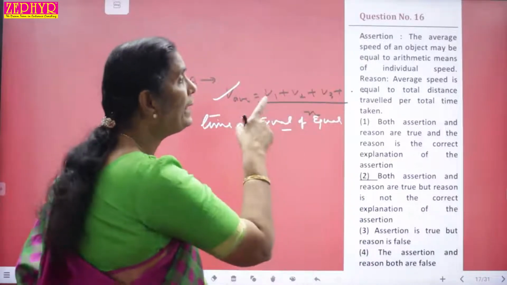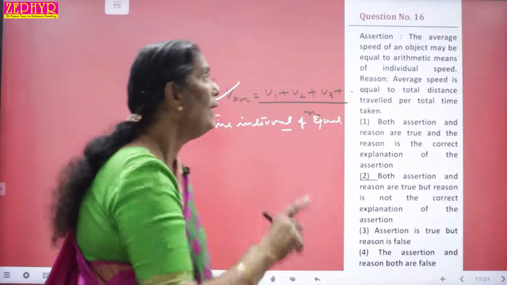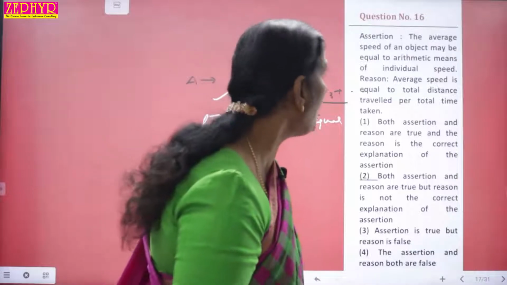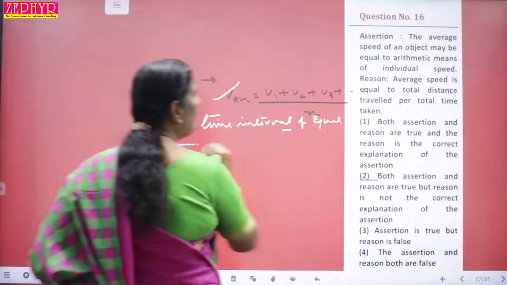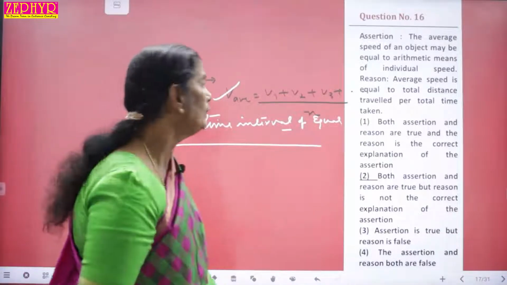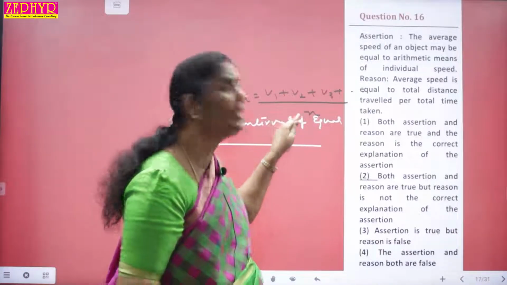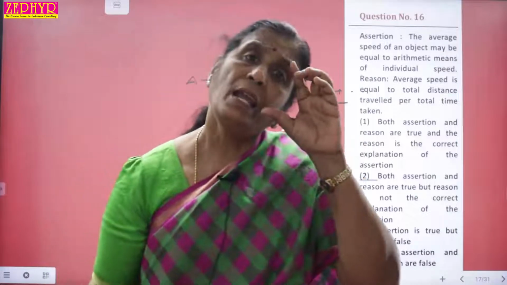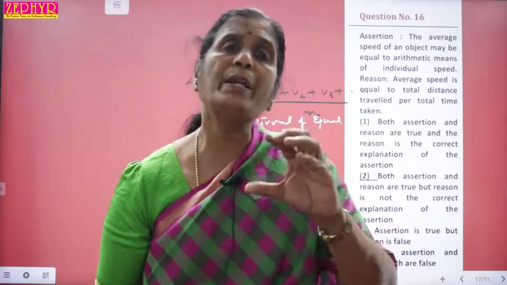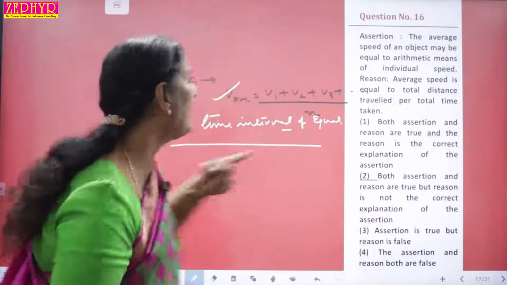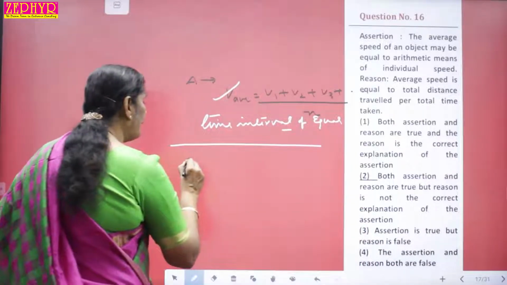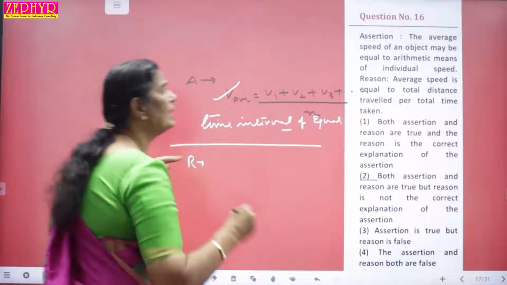But he said it may be correct, it may or may not be correct. It may be equal to the arithmetic mean under the condition that time intervals are equal. So the first one is correct, but only under the condition that time intervals are equal. So we have to underline that time intervals are equal. But what is the second statement telling?